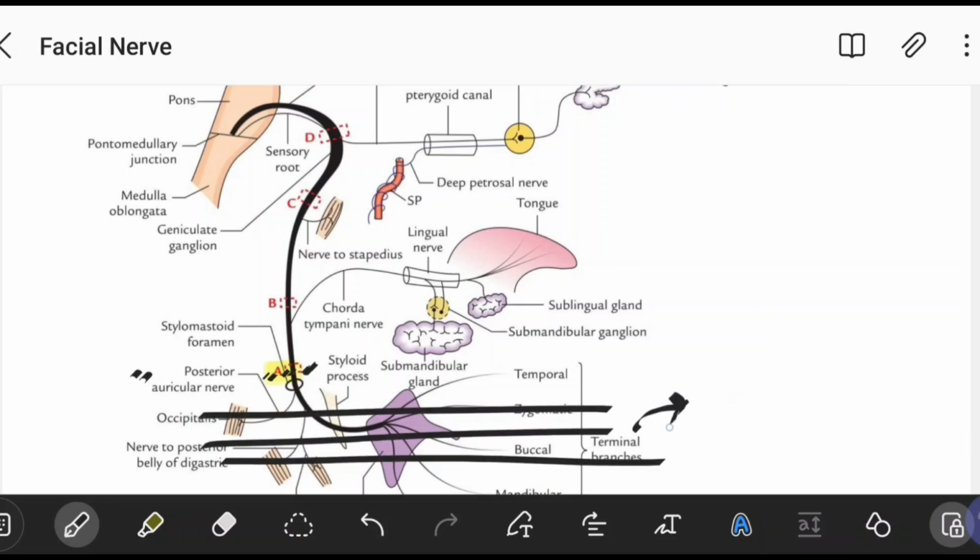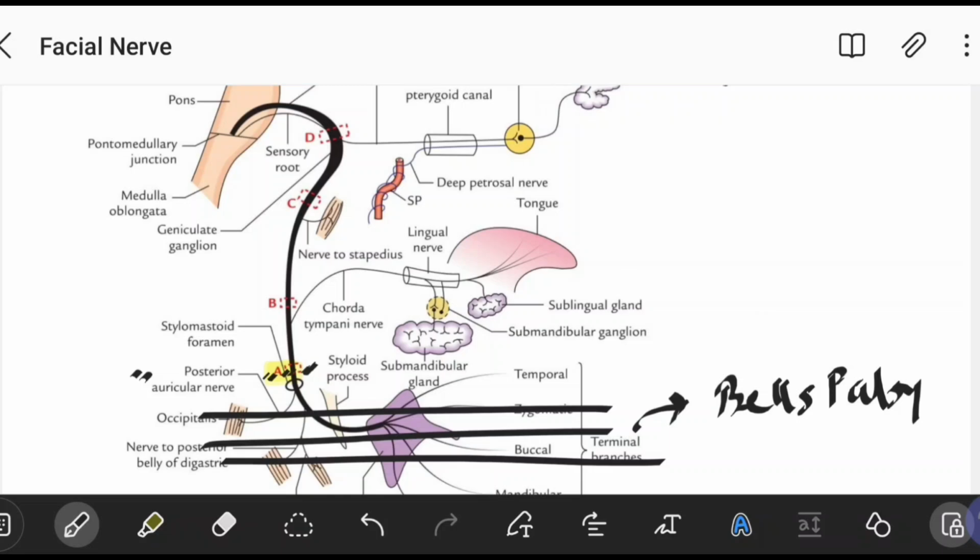So the facial expression muscles are not supplied because these branches are not working, because there's a lesion at site A. So there's something called Bell's palsy that happens over here, in which there's a deviation of the mouth to the normal side. Yes, you heard that right. The mouth is deviated to the normal side. Alright, and there is paralysis on the affected side.